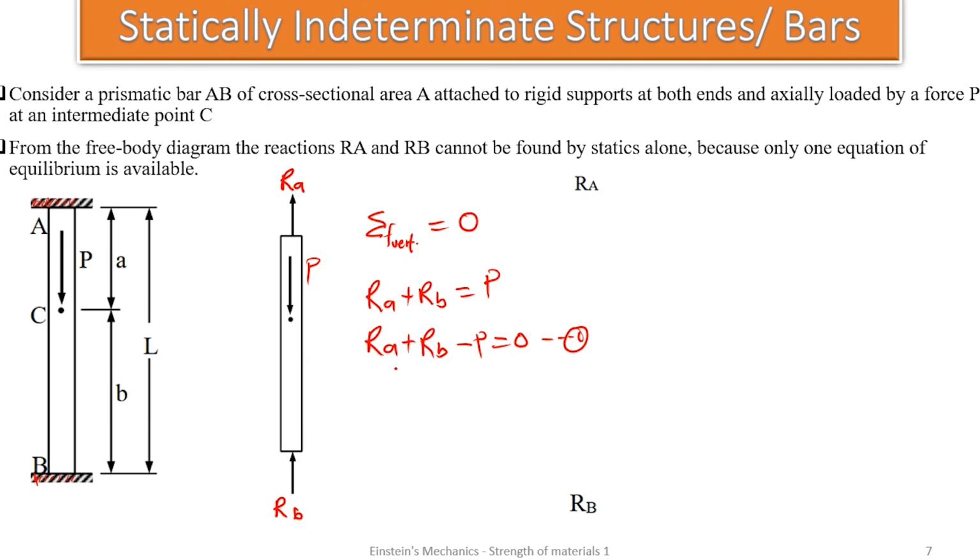So what do we consider? Let's look at the bar. As we can see, this bar cannot elongate outside the scope. So assuming I divide this bar into two, the top being A and the bottom being B, do you agree that as A elongates, it is going to contract B, and as B elongates, it is going to contract A?